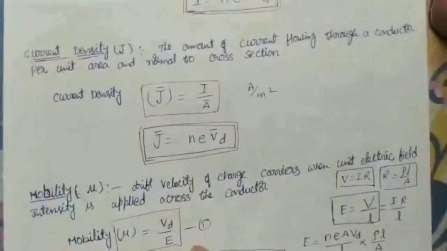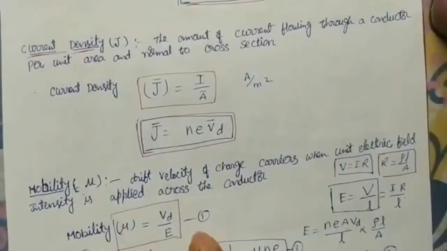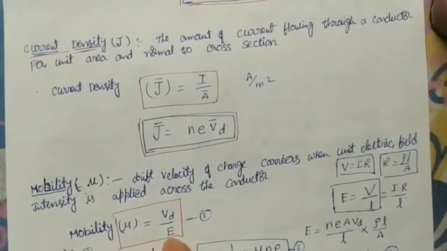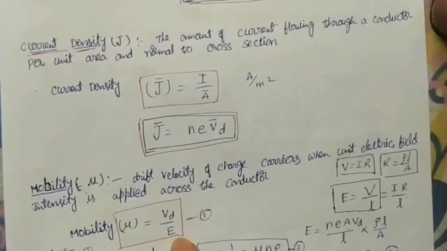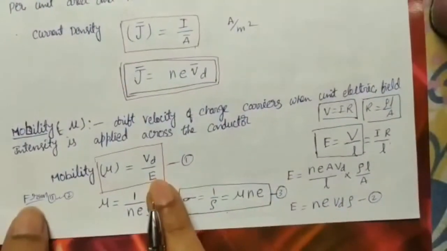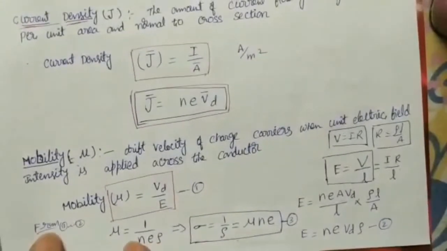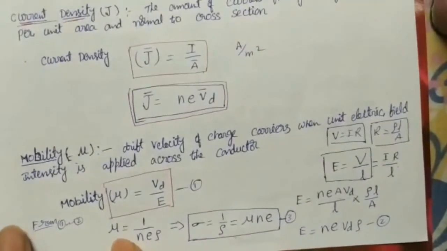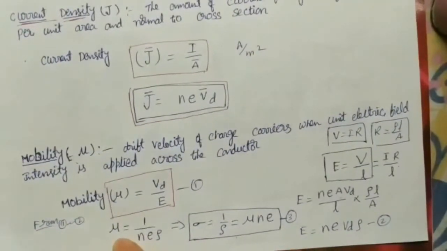From this equation and the definition of mobility, which is the drift velocity when applying unit electric field intensity, mobility is v_d by E. Substitute this E value here, the v_d gets cancelled.